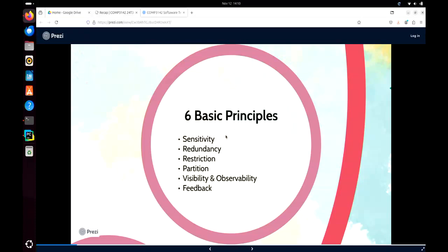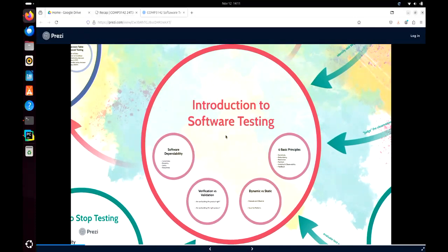For visibility and observability, we should make sure that our testing progress is observable, so we can check the progress of testing. And for partitioning, we should partition big problems into smaller ones, and that is actually the key mechanism of gray box fuzzing. So that's all about the introduction to software testing.